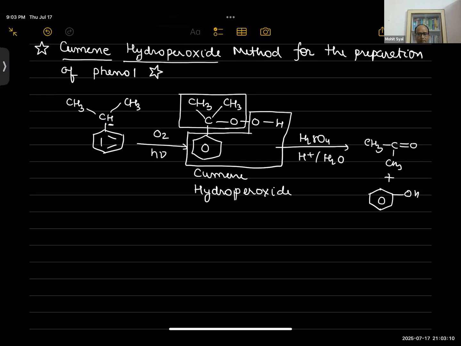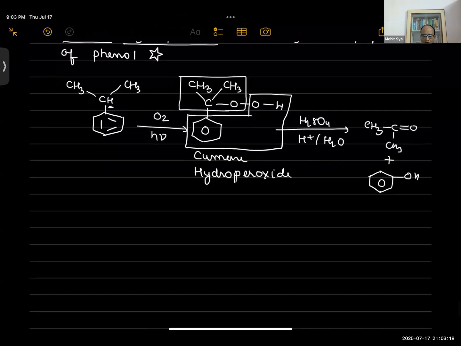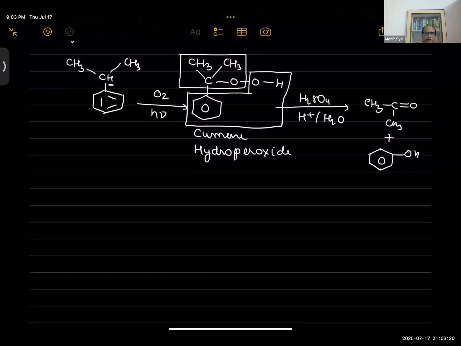So do remember it, very, very important. Acetone is the byproduct of the cumene hydroperoxide method. Just select this OH and benzene, and that part, isopropyl and oxygen, turns into acetone. So this is how the reaction happens.